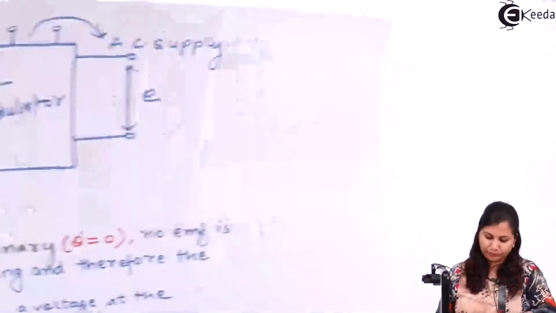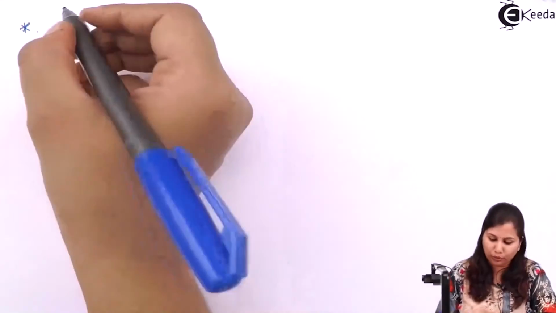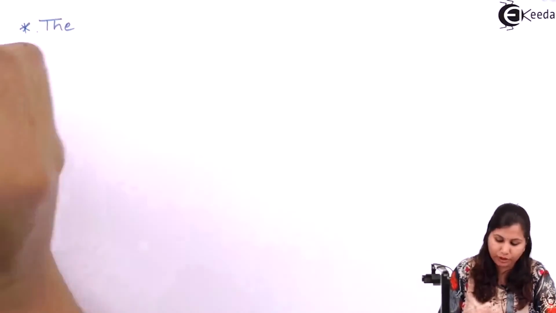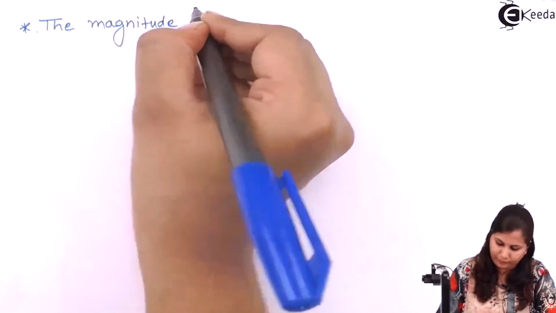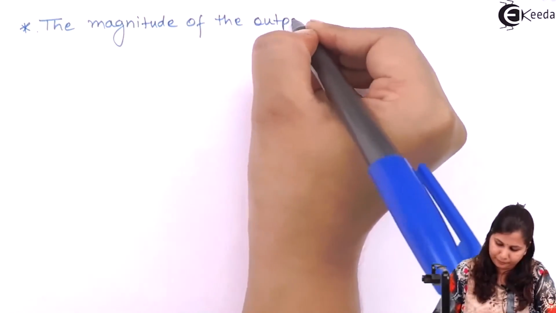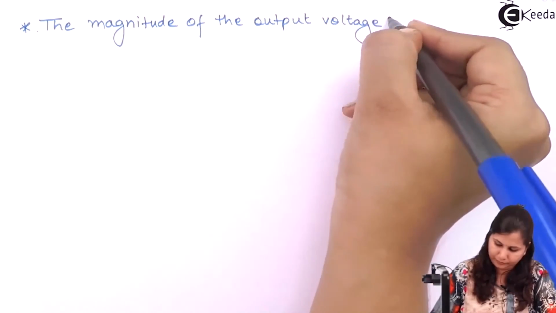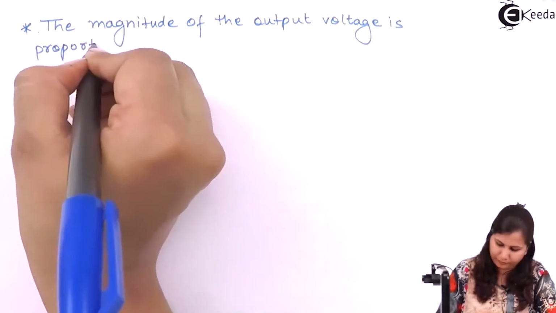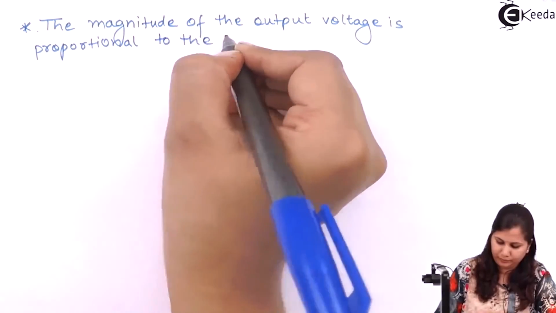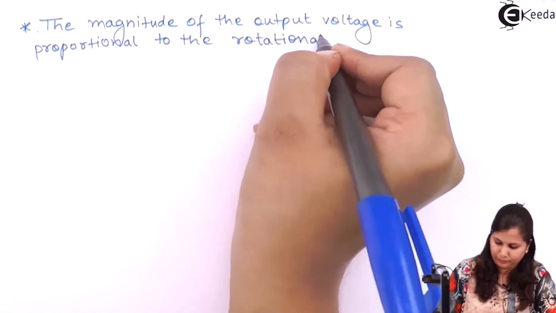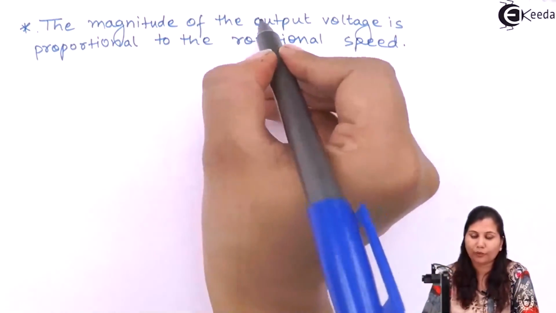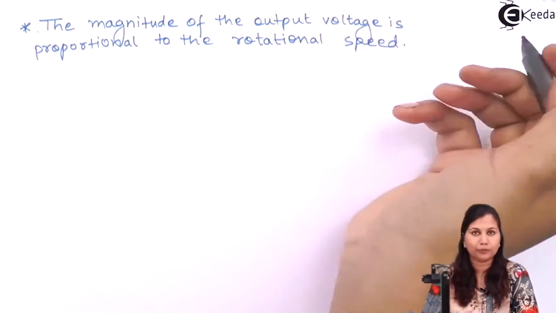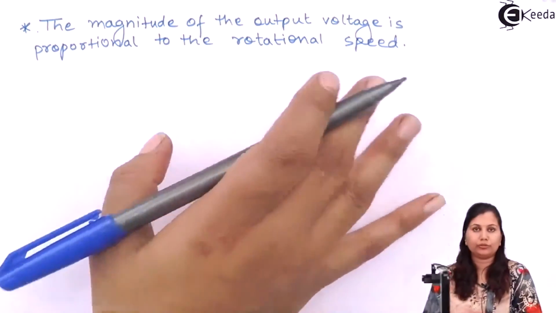Okay, now the magnitude of this output voltage is proportional to the rotational speed.